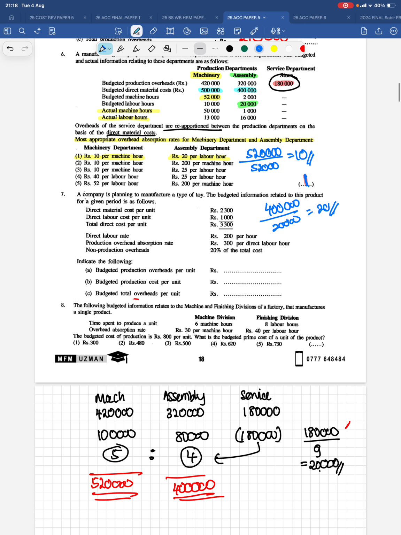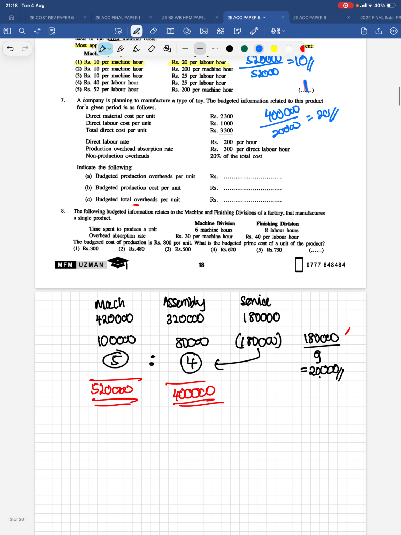Answer is number 1. Next one, question number 7. A company is planning to manufacture a type of toy. The budgeted information related to this product for a given period is as follows. If you all notice in this question, they have given the direct material cost and direct labor cost, and also the total direct cost.